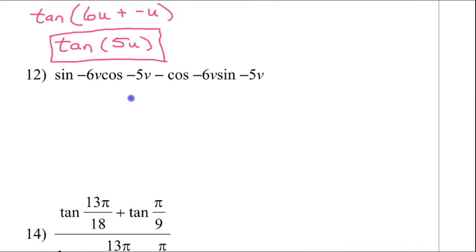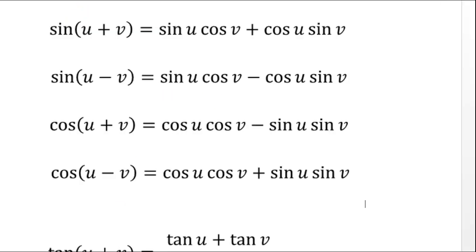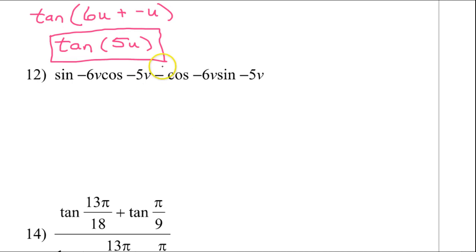Okay, and this is going to be a short video because this will be the last one. Okay, so here I see sine, cosine, cosine, sine. And that's the pattern that we see when it's the sine of the sum or difference of two angles. Sine, cosine, cosine, sine. And the signs match. So if it's plus, it'll be plus. If it's minus, it'll be minus. So here I see this minus in the middle.